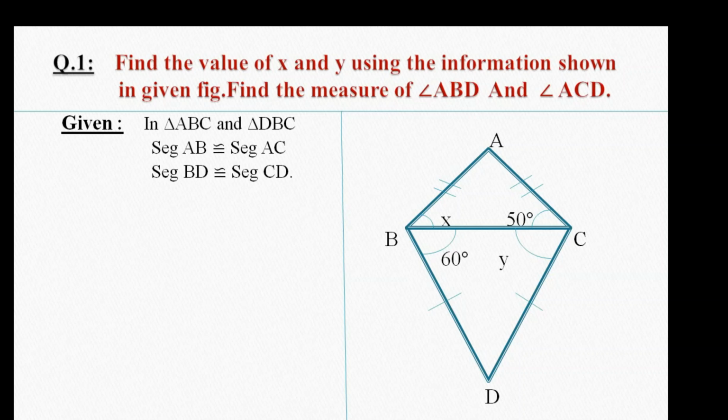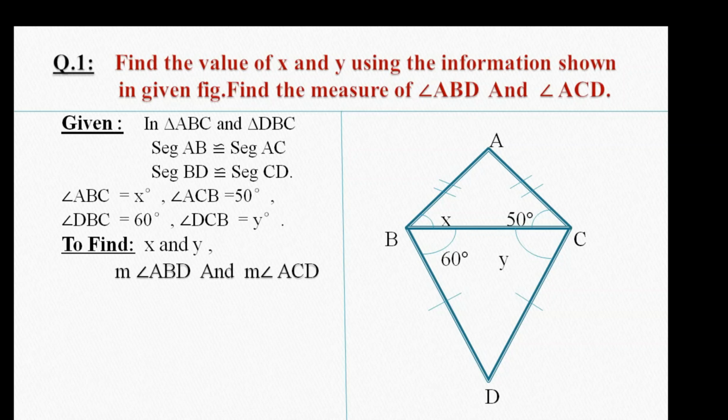Now triangle ABC and triangle DBC are given to you. In this, AB and AC are congruent, BD and CD are congruent. Angle ABC is x degree, ACB is 50 degree. Angle DBC is 60 degree and DCB is y degree. To find the value of x and y and the measure of angle ABD and angle ACD.